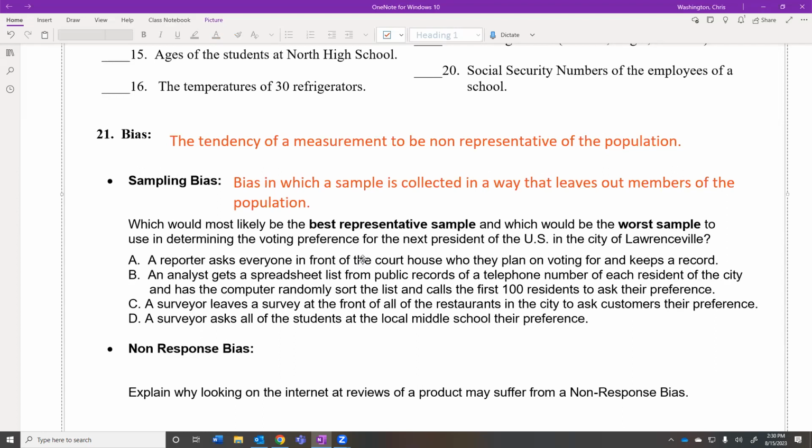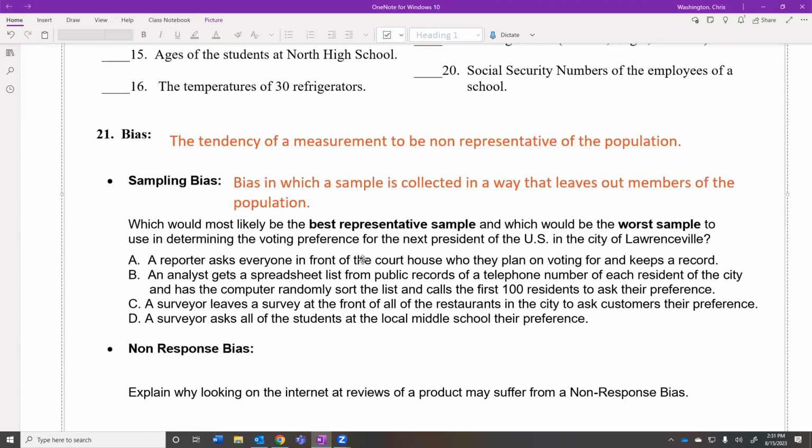So you probably have a higher GPA, especially if I go down to Miss Jones's room, a room full of people that are doing credit recovery because they failed one or more classes. Their GPA is probably a lot lower than you guys. So by taking that sample, I've left out members of the population, which would most likely be the best representative sample and which would be the worst.